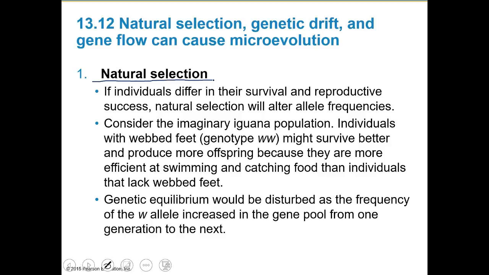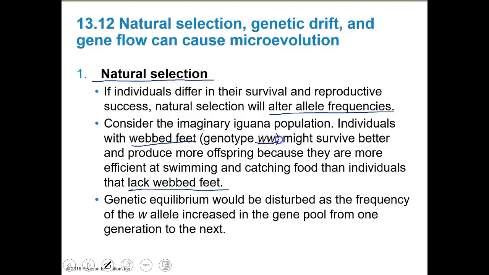Natural selection: if individuals differ in their survival and reproductive success, natural selection will alter the frequencies. If we go back to our imaginary iguana population, individuals with webbed feet, little w, might survive better and produce more offspring because they're more efficient at swimming and catching food than individuals who don't have webbed feet.